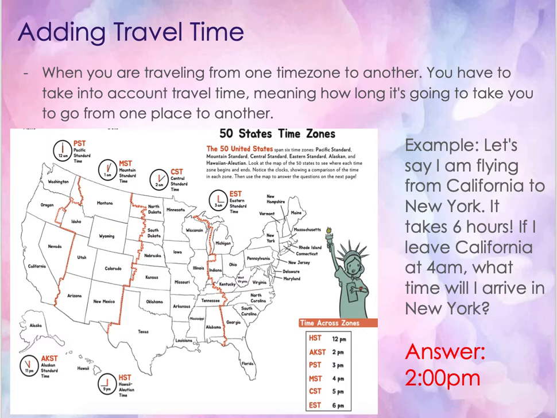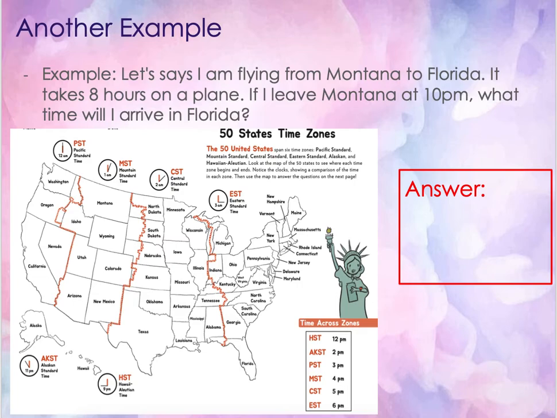So let's try it again with another one. Okay? Let's say I'm traveling from Montana, right here, to Florida. It takes 8 hours on a plane. If I leave Montana at 10 p.m., what time will I arrive in Florida? Okay? So again, I know that I'm going this way, so I have to add the time. So let's first change the time zone.